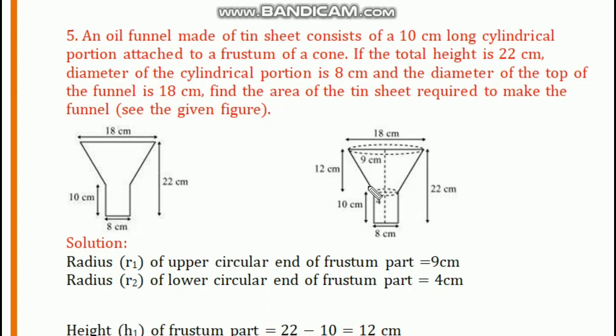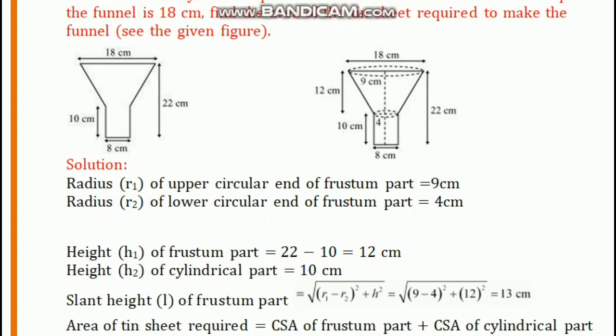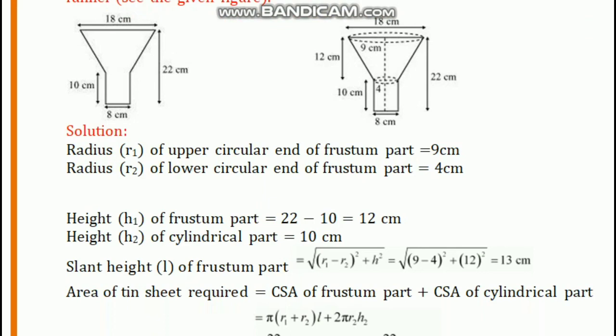So we must find the slant height, then only we can find the curved surface area. The slant height of the frustum part is the square root of (r1 minus r2) the whole square plus h square.